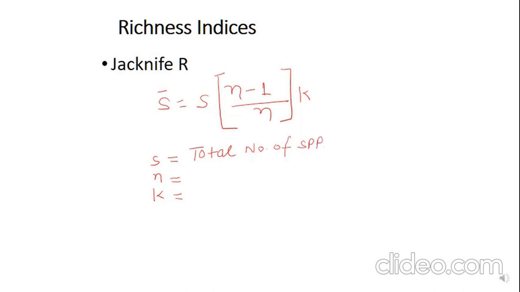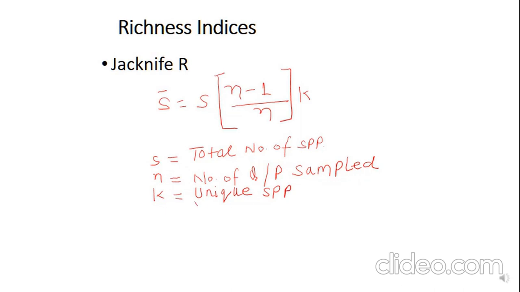N is the number of quadrats sampled, or number of plots sampled. K is the number of unique species.